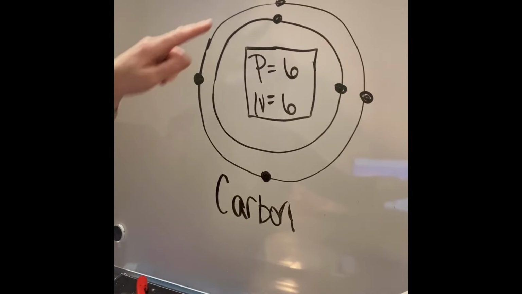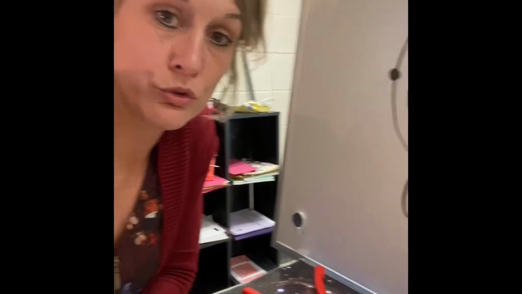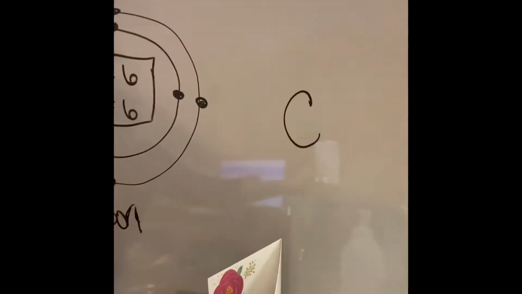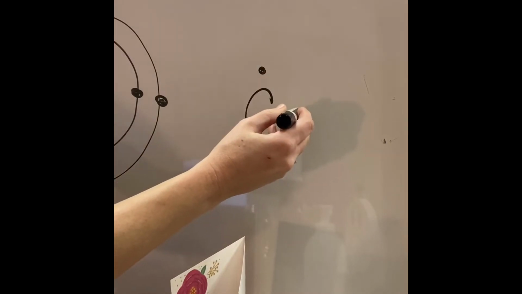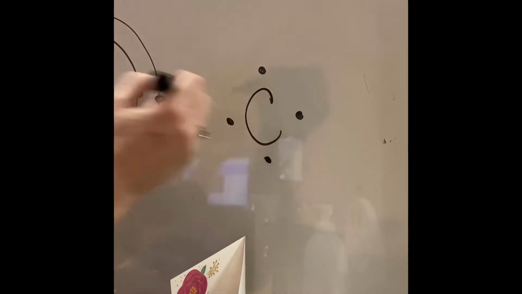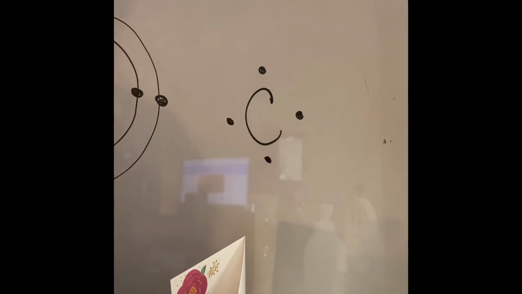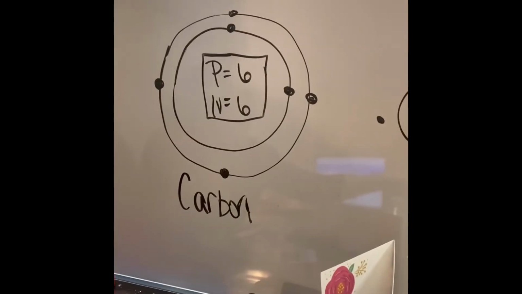And then, because we saw that there were 4 valence electrons on its outermost shell, whatever's on the outermost shell is represented on the Lewis dot diagram. So we would just draw this like 1, 2, 3, 4. Okay, so that is the Lewis dot diagram for carbon.